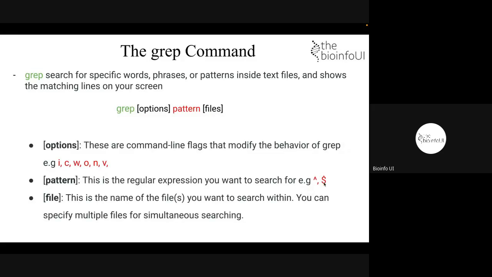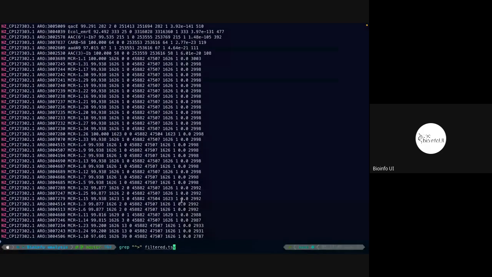The second regular expression we have here is the dollar sign. We basically use this to search for lines that end with a specific pattern that we want to match.